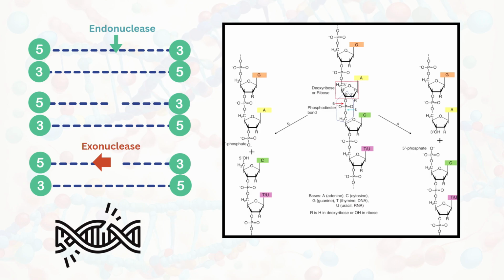However, if the polynucleotide strand is a member of a DNA helix, which is mostly found in prokaryotes and eukaryotes, a single endonuclease cut will create a nick in the helix.